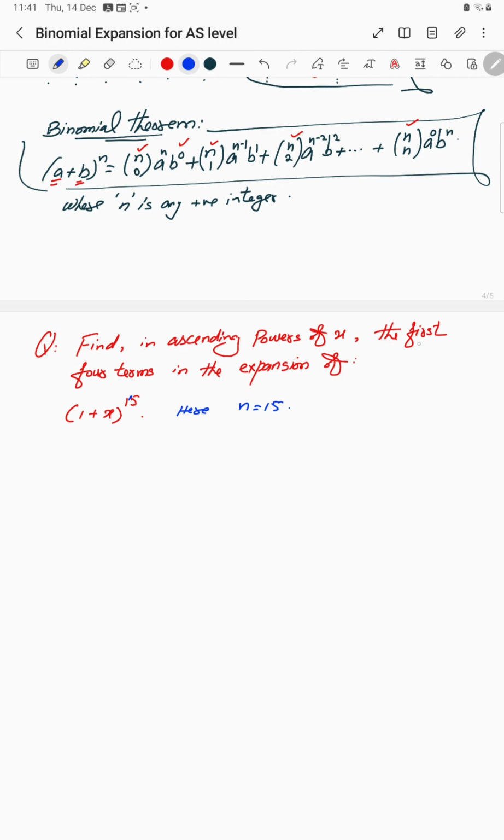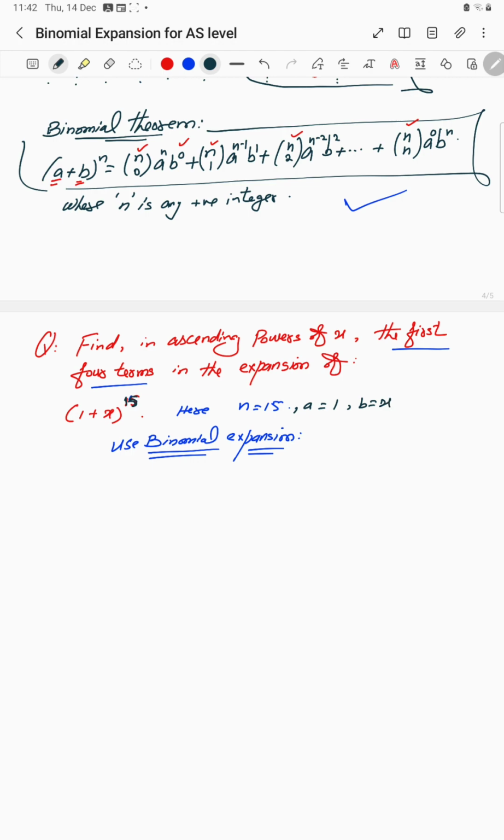And as we are interested in the first four terms, binomial expansion is the best approach. So use binomial expansion, and before we expand it, just write down that n is 15 here, a is 1, and b is x.